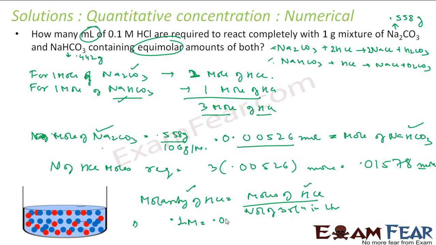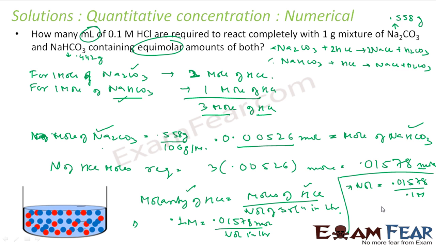Moles of HCl is 0.01578 moles, and this is the volume required in liters. If you solve this, the volume in liters is nothing but 0.01578 by 0.1 M. That is nothing but 0.1578 liter. Converting this to milliliters, this becomes 157.8 milliliters, and that is my answer.